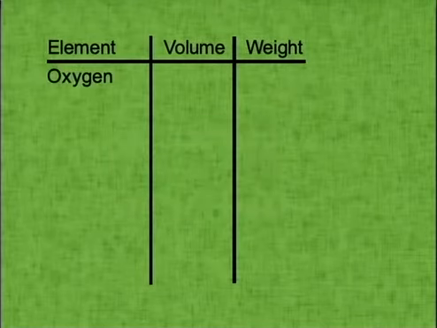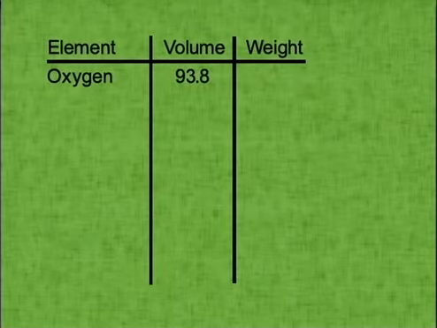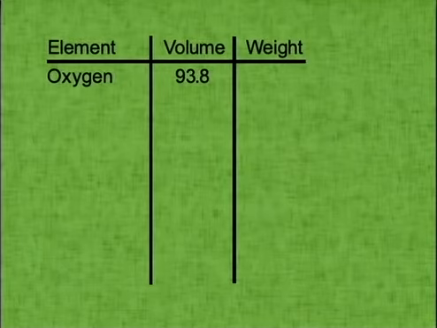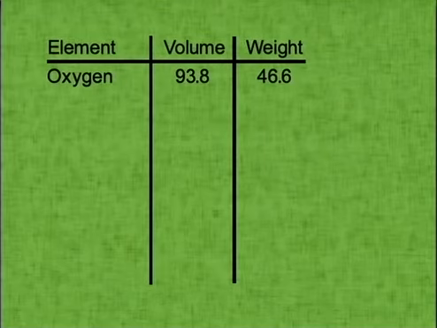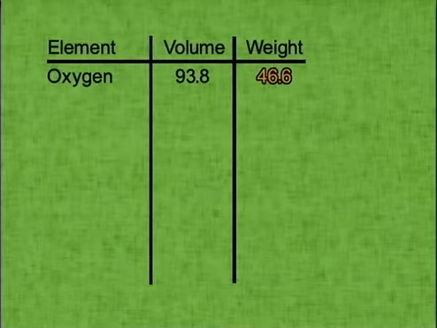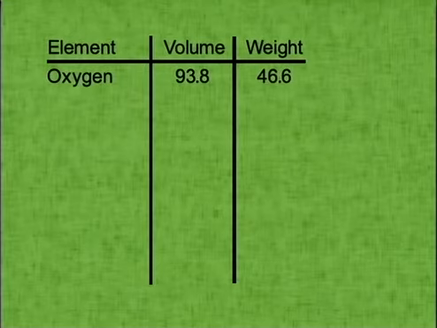Oxygen comprises approximately 93.8% of the volume of the mineral matter in the soil and about 46.6% of the weight. This volume figure is actually less important than the percent by weight, which is a better representation. So nearly 50% of all of the weight of minerals in the soil is the element oxygen.